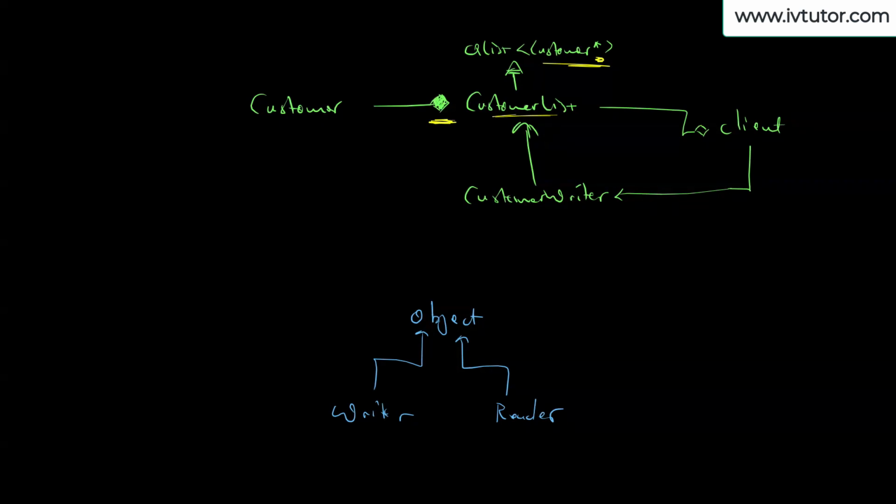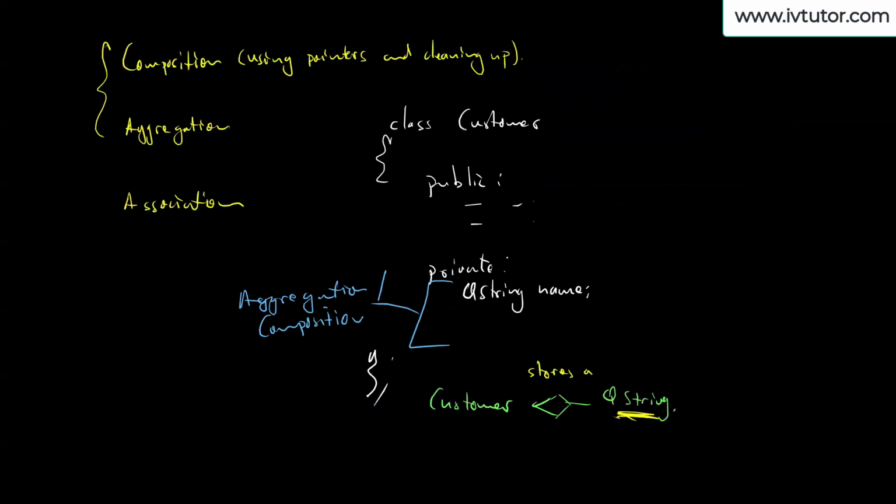Association means your class doesn't keep an instance, but it uses it somewhere. For example, if customer has a function here called checkout, and this function takes an item class parameter.